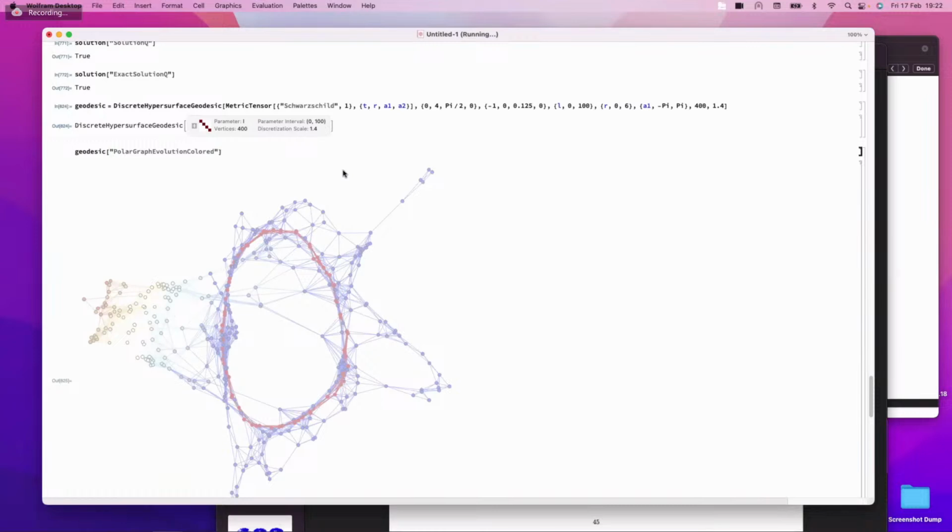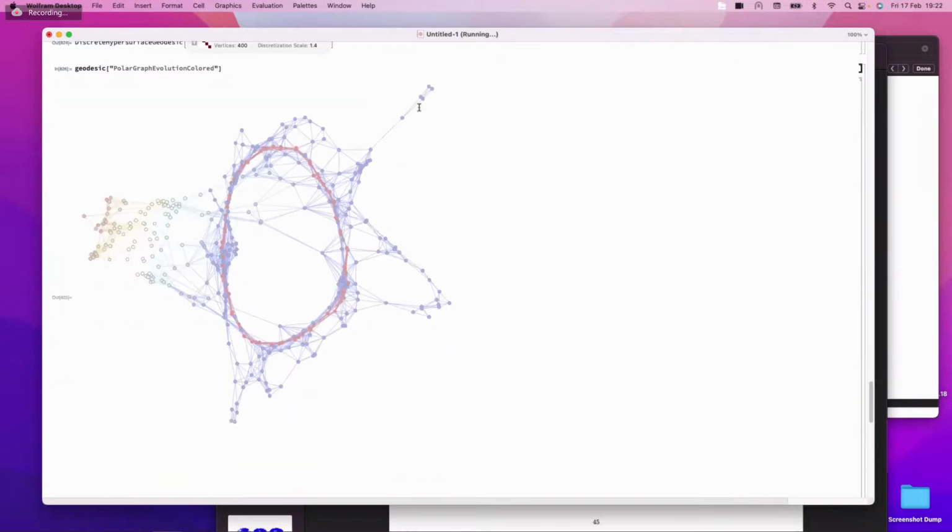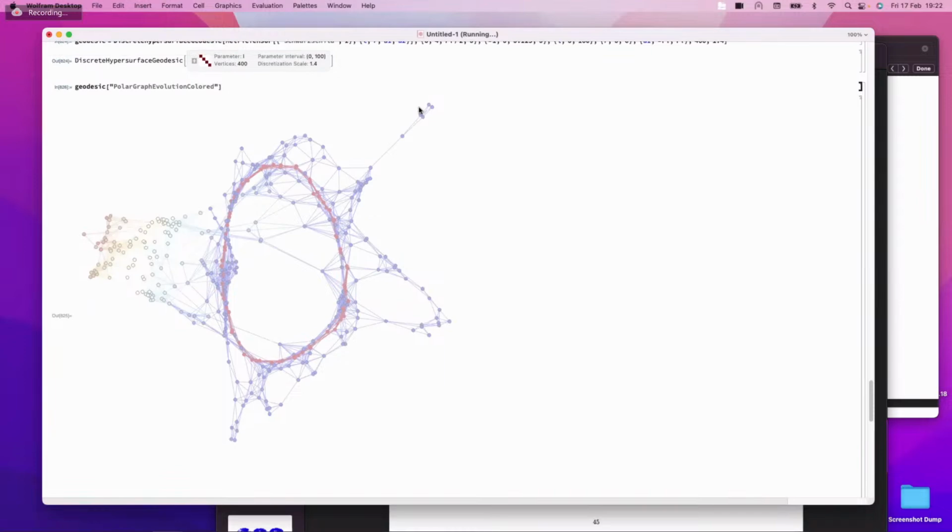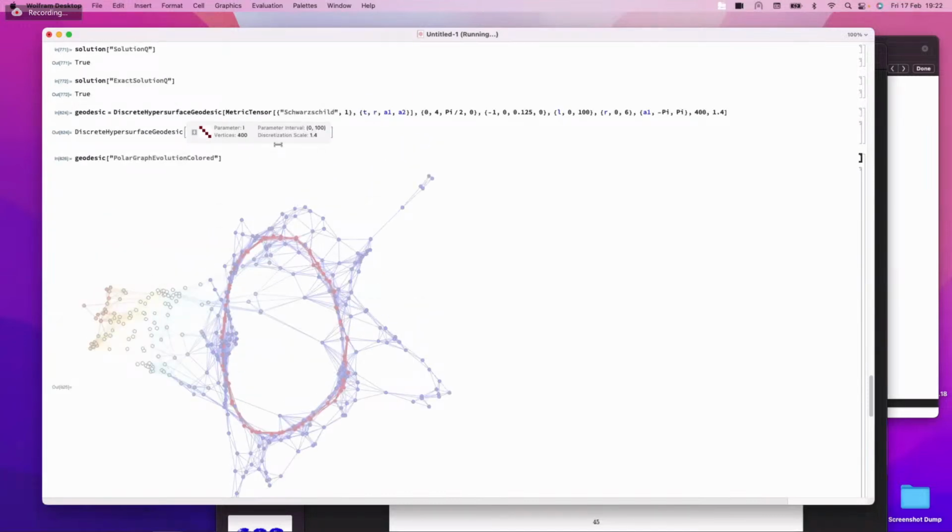Right. So in general, this metric tensor would be something produced by ADM decomposition. The workflow is, you set up the initial hypersurface geometry, you ADM decompose it, you impose whatever gauge conditions you want, you get out a symbolic metric tensor, you then discretize it using this function, give it some parameters, and evolve the thing in time.